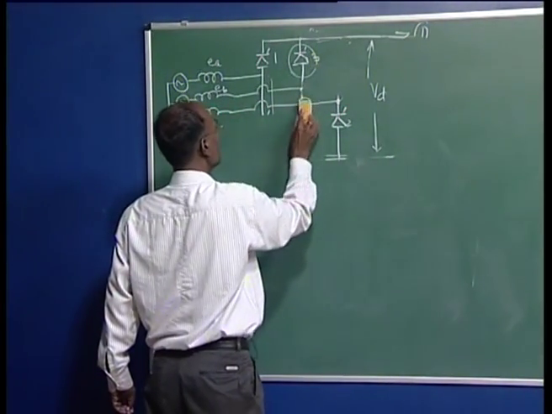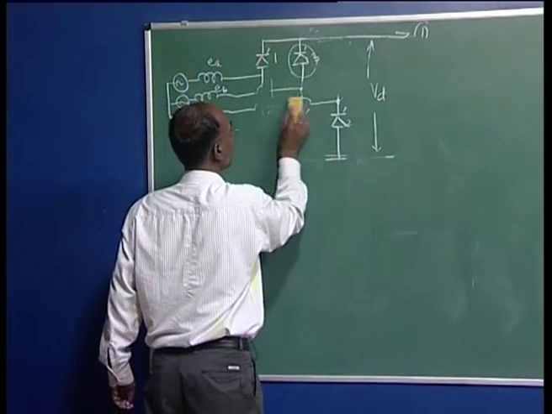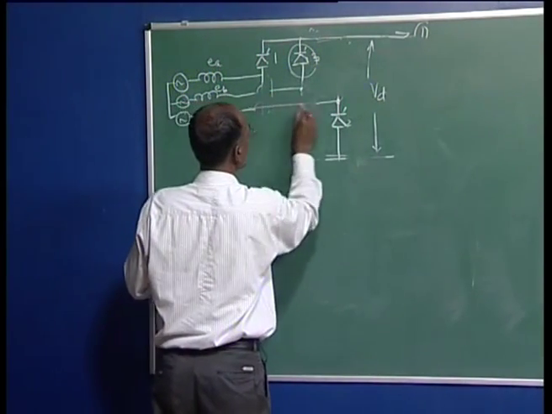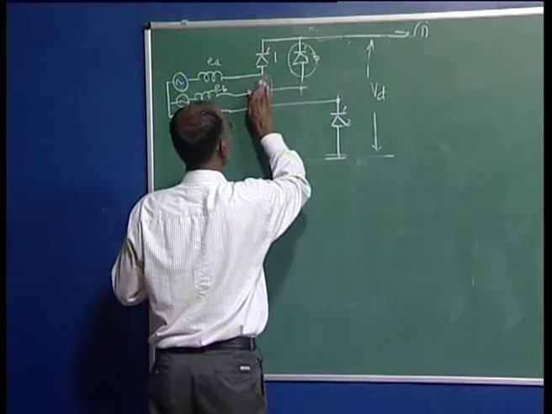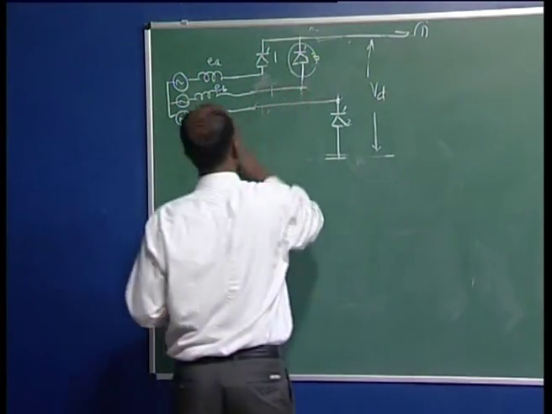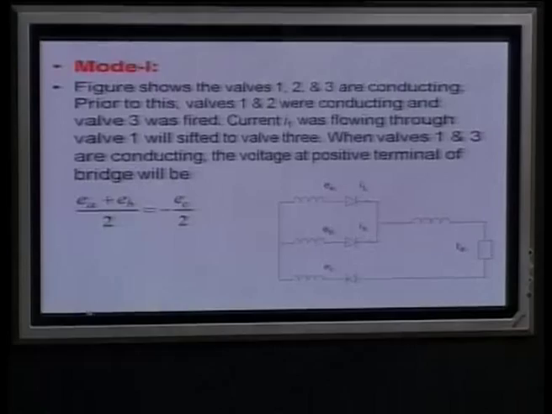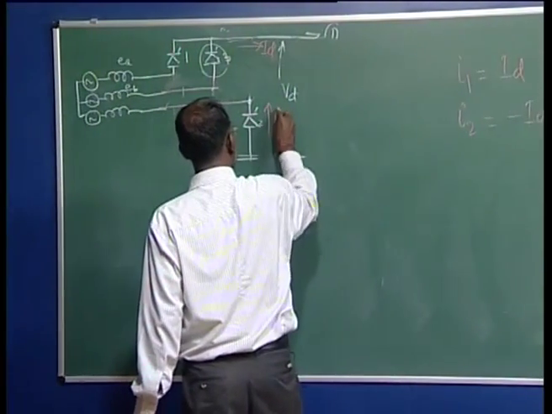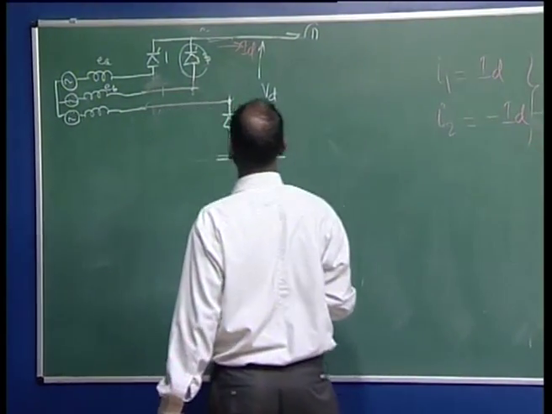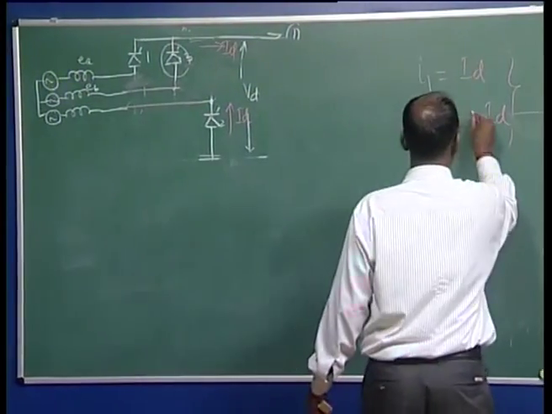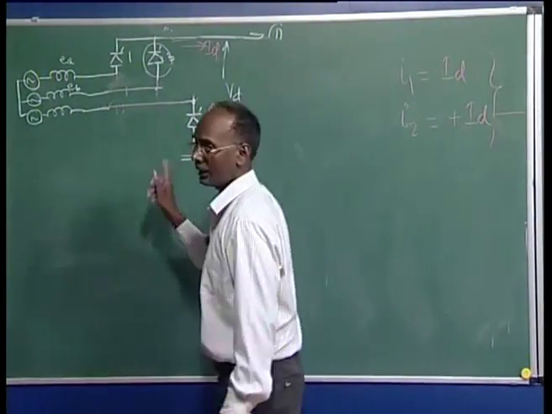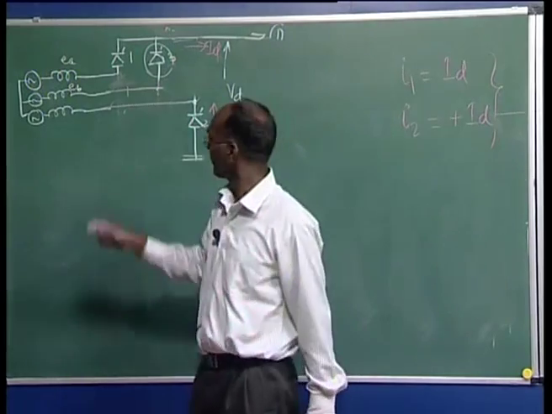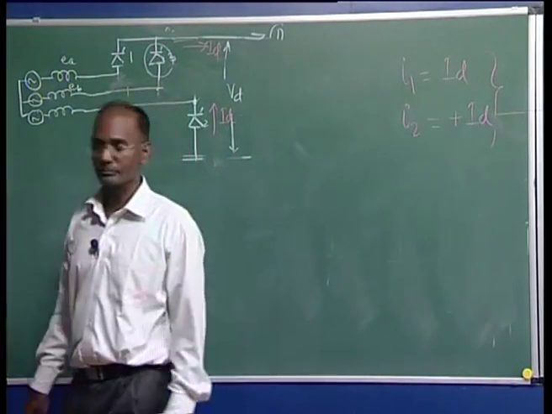So, I can remove this, and you can see this is the circuit we are having, because this is your ID which is flowing. Basically, this ID is positive, not I1, because the direction here we are taking is from positive, but the phase current will be negative.